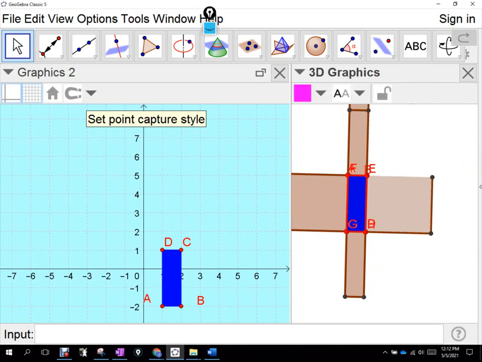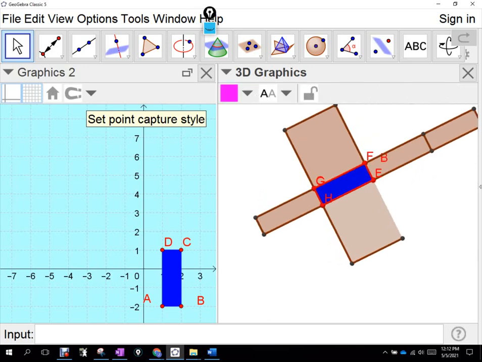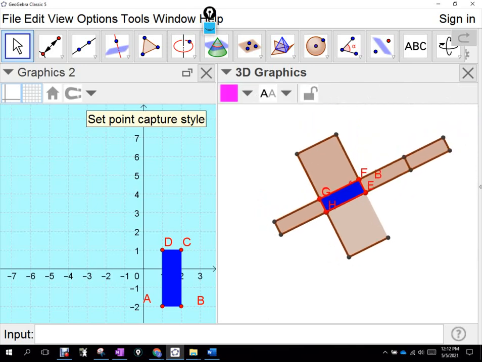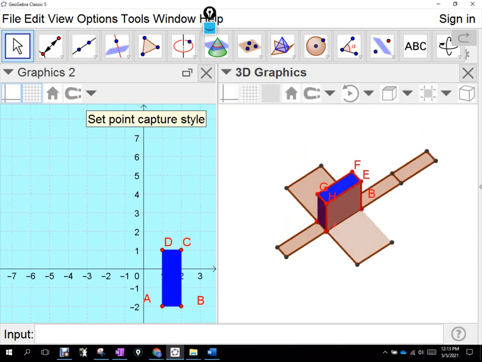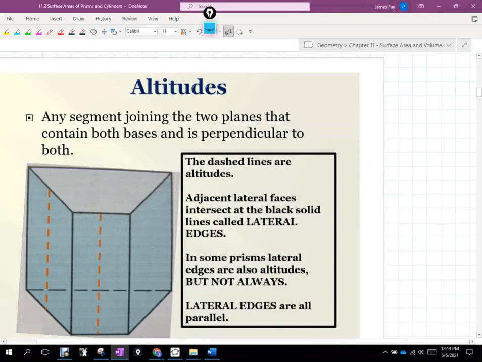If I want to find the surface area of this prism in other classes, you would break it down and say, okay, I'm going to find the area of that rectangle, I'll find the area of this rectangle, find the area of that one, find the area of that one, and this blue one, and add them all together, right? Which is fine, that works, but there are some other techniques that are much quicker that we're going to try to develop in this course.